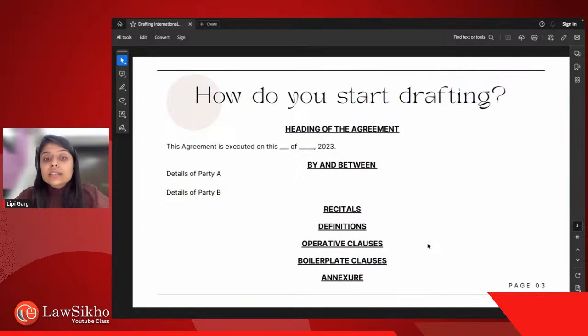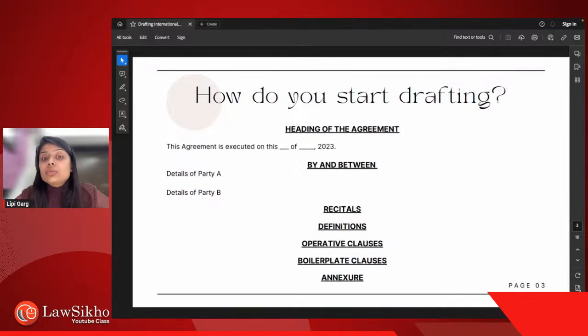If you sign a service agreement with me, you might put different payment terms or a different mode of delivery, and the scope of work may also differ if you sign the agreement with some other service provider. So operative clauses are those that change with every contract.